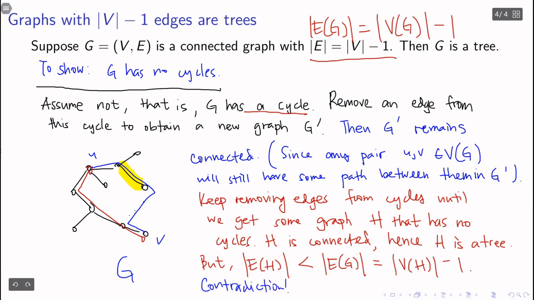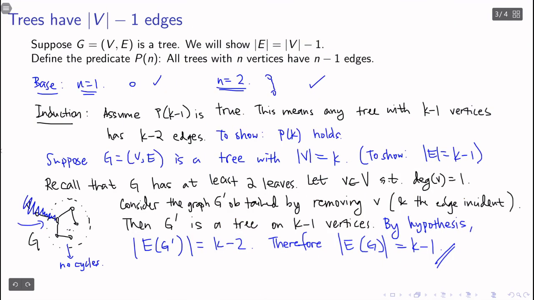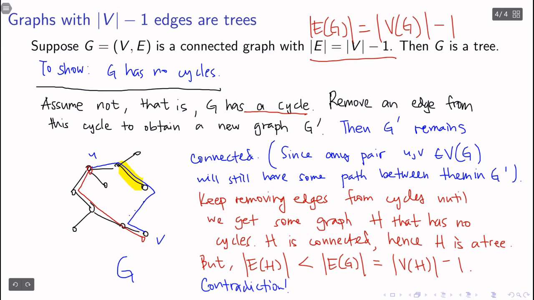Well, it contradicts the previous result that we just proved. Because if H is a tree, then H should satisfy that equation. Edges in H should be equal to vertices of H minus 1. But here we have this inequality, which shows that it's not.